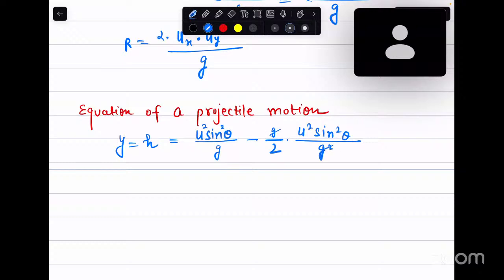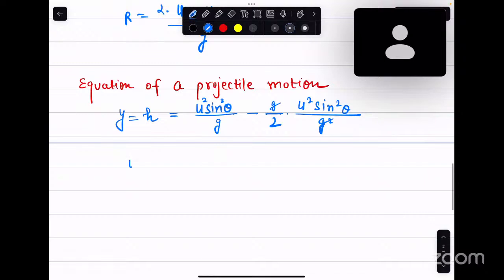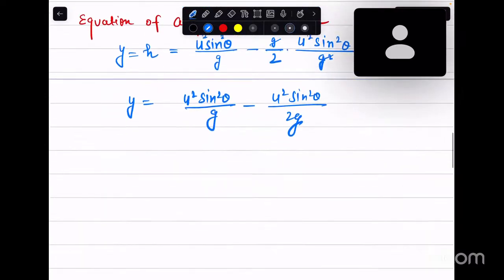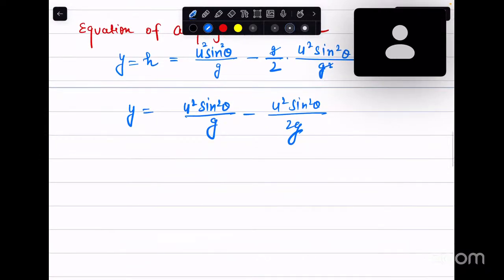One factor will cancel out. So y will be equal to u square sin square theta by g minus u square sin square theta by 2g. This equation will not be very good in use. Let me write it in a different form.